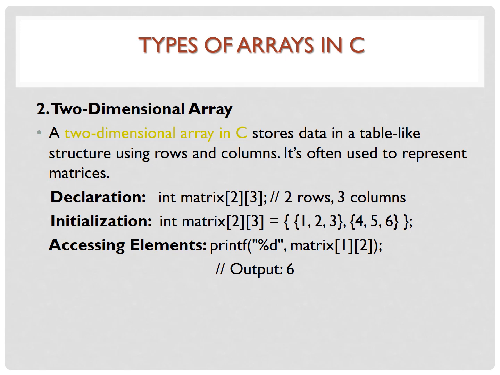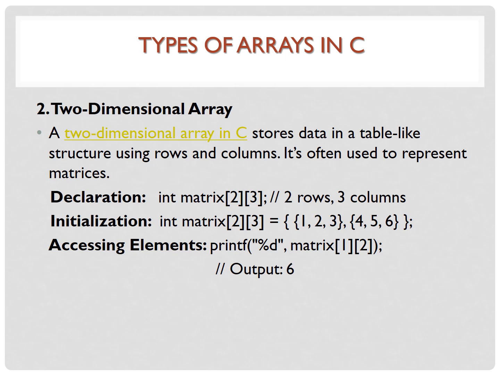Next comes a two-dimensional array. A two-dimensional array in C stores data in a table-like structure using rows and columns. It is often used to represent matrices. So the way we declare a two-dimensional array is int matrix[2][3], meaning 2 rows, 3 columns.